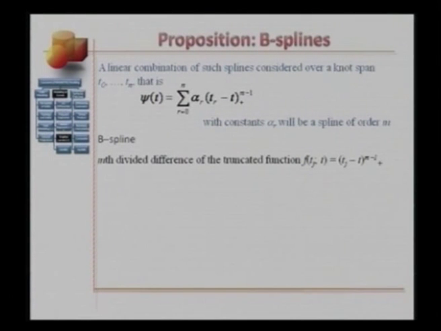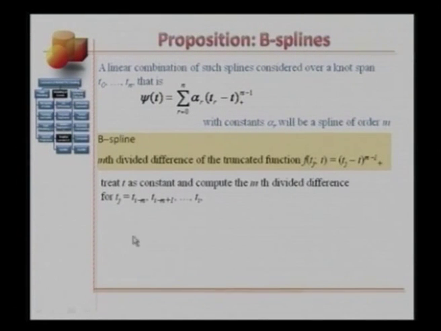Going back and repeating myself, a B-spline basis function can be seen as the mth divided difference of the truncated function f(s : t), which is equal to (s minus t) truncated raised to m minus 1. It would be a little difficult for you to believe this, but I'll try to show you how this is true.